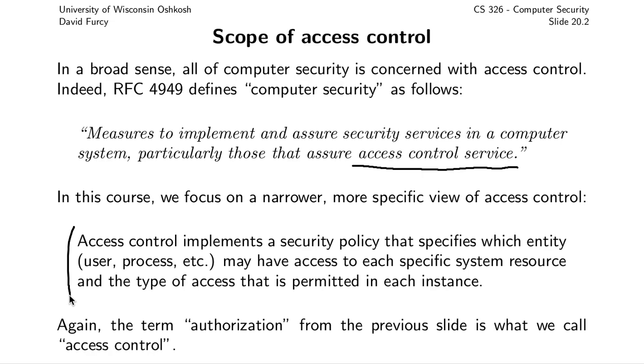And so when we talk about access control, we really mean the third stage, or the authorization step, in the previous slide. Namely, we're discussing the parts of the security policy, and the mechanism that implements those parts, in which an entity, namely a user, is given some access to some specific system resource, and not just generic access, but a different type of access based on a particular user and a particular resource that they're trying to access.